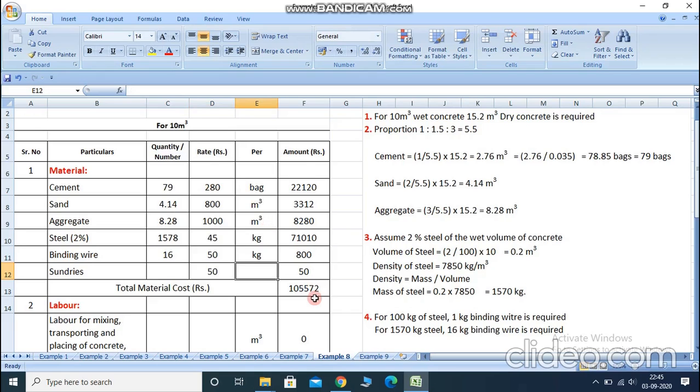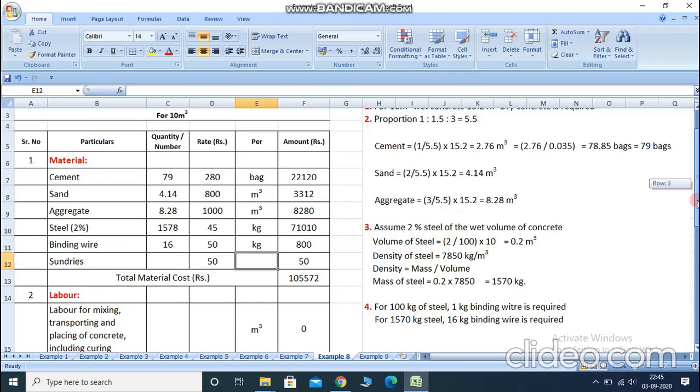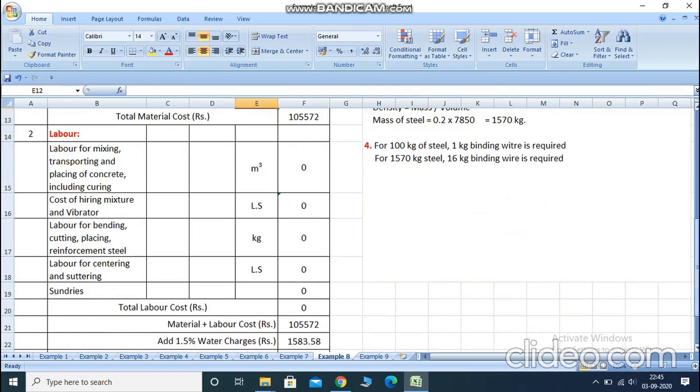So 1,05,572 rupees is the final answer for the total material cost of the RCC work of 1:1.5:3 concrete. Then we include the labor cost. For 10 meter cube, the labor for mixing, transporting and placing the concrete including the quarry is 300 rupees per meter cube.